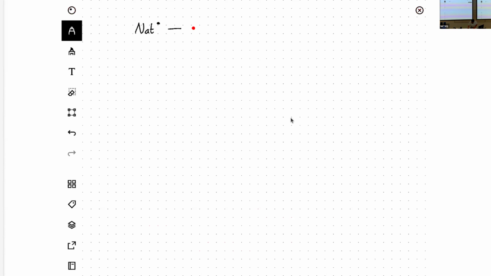These are iterable, but not constructible. And nat with an empty dot. These are constructible, but not iterable.